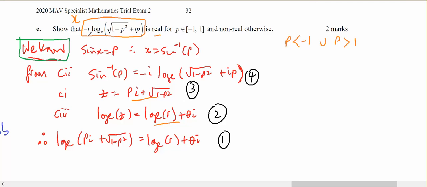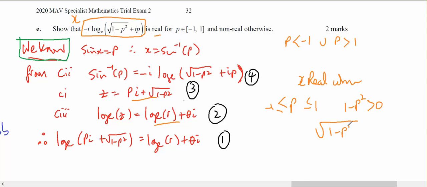We want to show that x is real when p is between -1 and 1, which means 1 minus p squared is going to be positive. So I have no problems about square rooting 1 minus p squared when p is between -1 and 1.